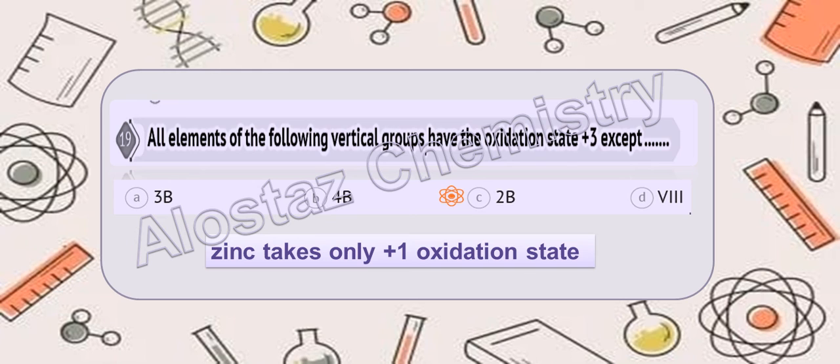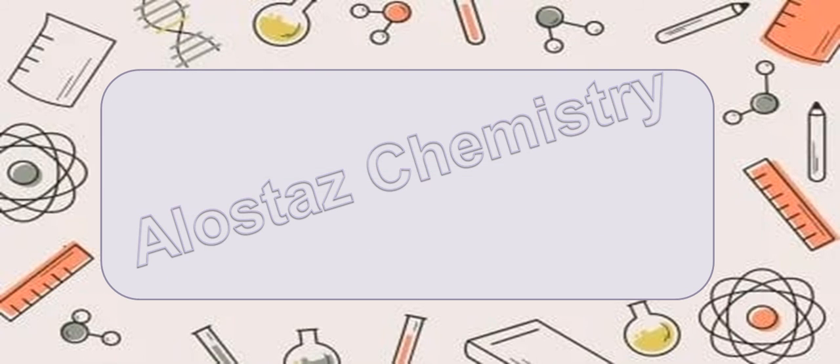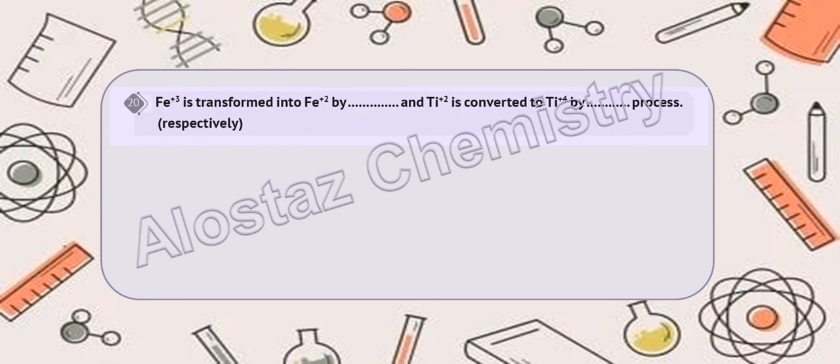Okay, let's go to the last question of our exam, question 20. Question 20 says that iron Fe +3, the ferric ion, is transformed into ferrous ion Fe +2 by what, and titanium +2 is transformed into titanium +4 by what process, respectively?